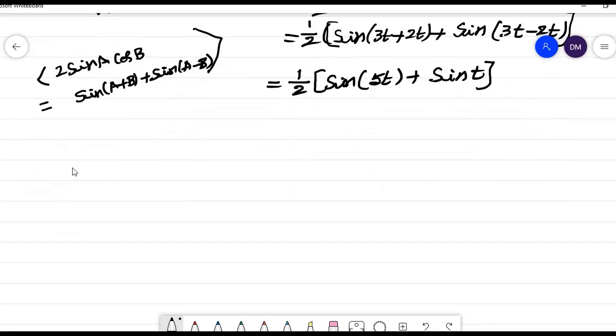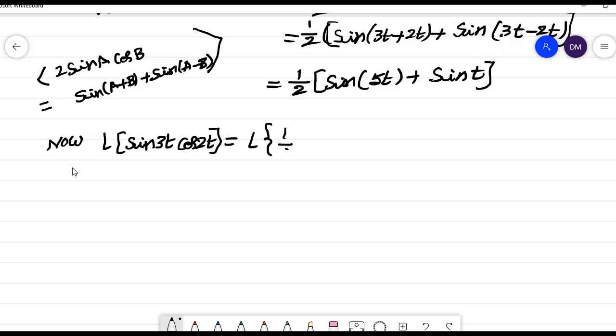L of sine 3t into cos 2t is equal to L of 1 by 2 into sine 5t plus sine t.